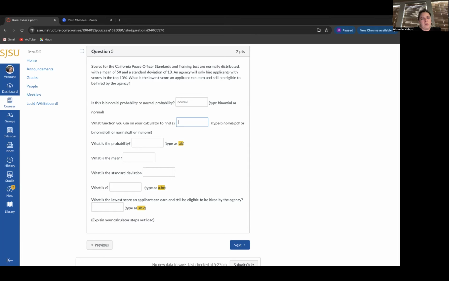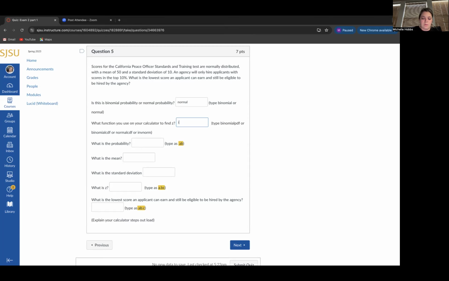What function do you use on your calculator to find Z? Binomial PDF or binomial CDF or normal CDF or inverse norm? I need to find that in my notes. I think it's inverse norm.